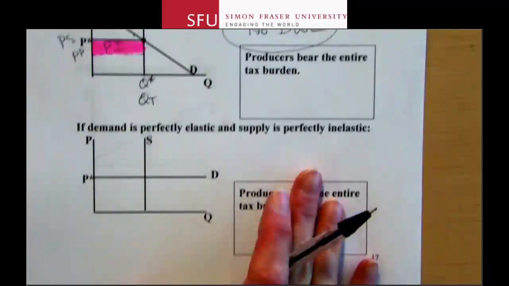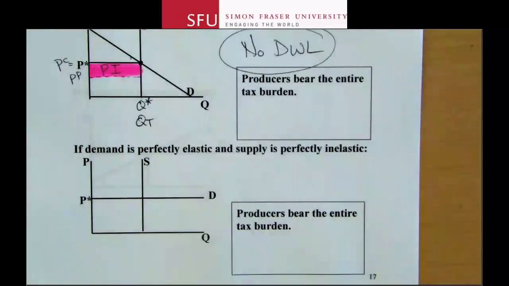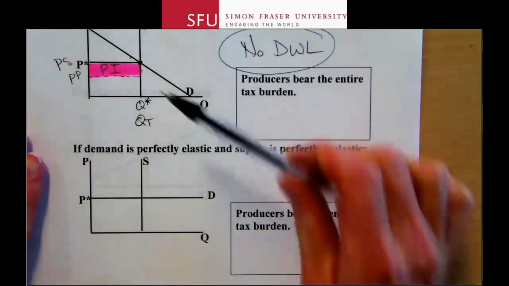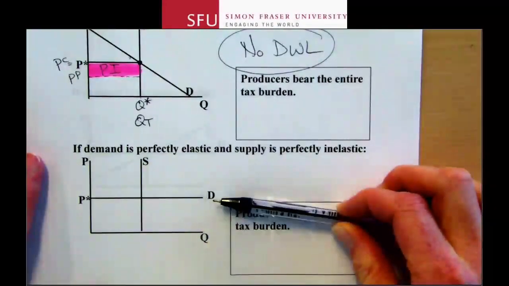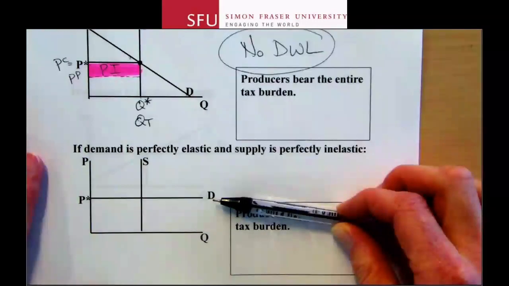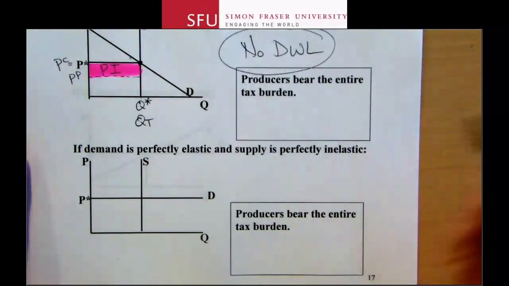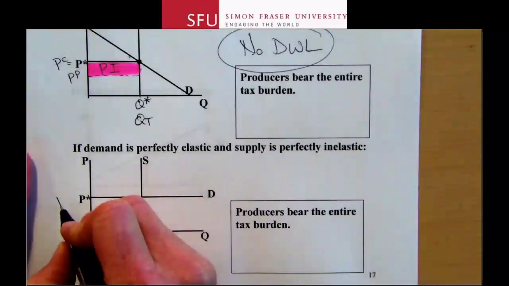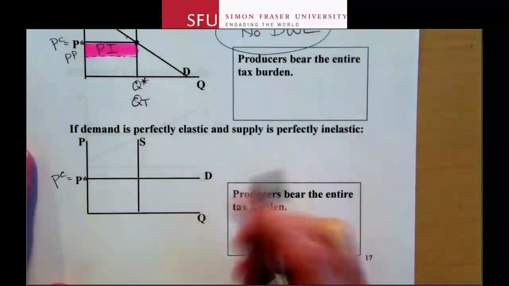All right, next one is going to actually be the same result. The only difference between the two graphs is that now the consumers are super price sensitive, and definitely they can't raise the price for the consumers or they would just stop buying the good altogether. So just like in the top graph, the consumer price will have to stay the same.